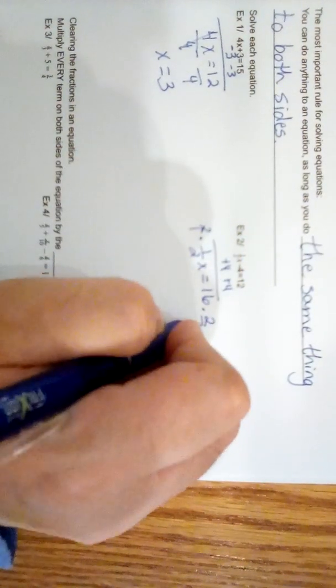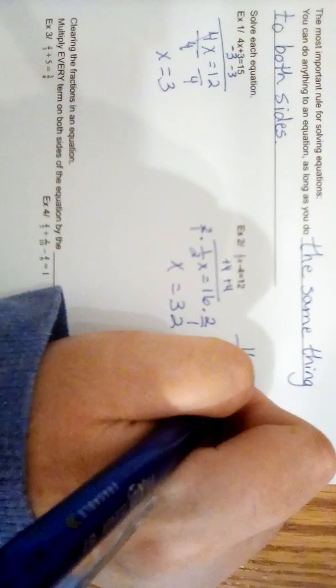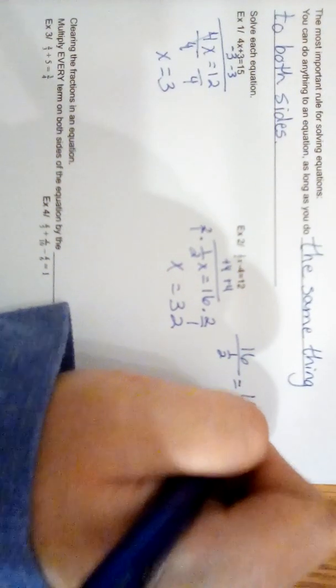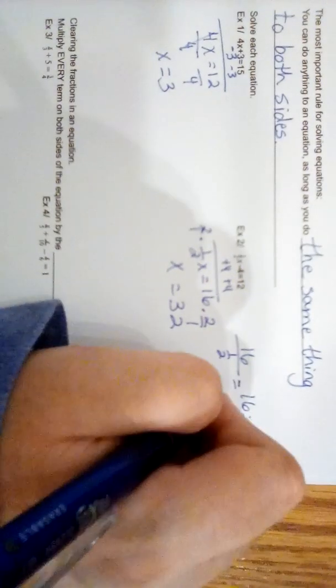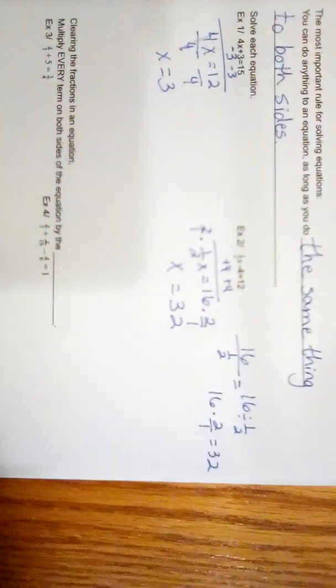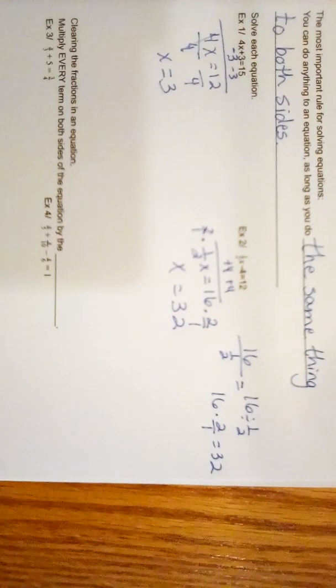If I do it on one side, I have to do it on the other. So that gives me 32. If you did 16 divided by 1/2, and if you divide by a fraction, you have to multiply by the reciprocal. So that would also give you 32. So either way you want to do it, it's fine.